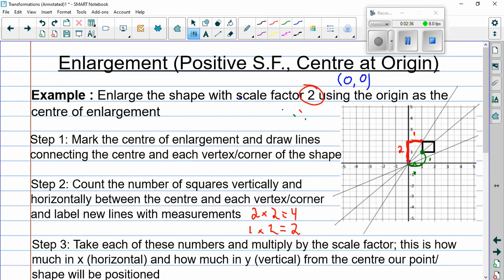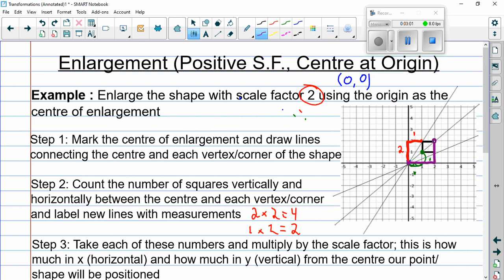From our center, I'm going to draw over, and I'm going to do this in purple so you can see. Where this was a 1, times by 2, that becomes 2. Now, this 1 going up has to become 2 going up. So we know that this point is right there. That is our new bottom left corner.